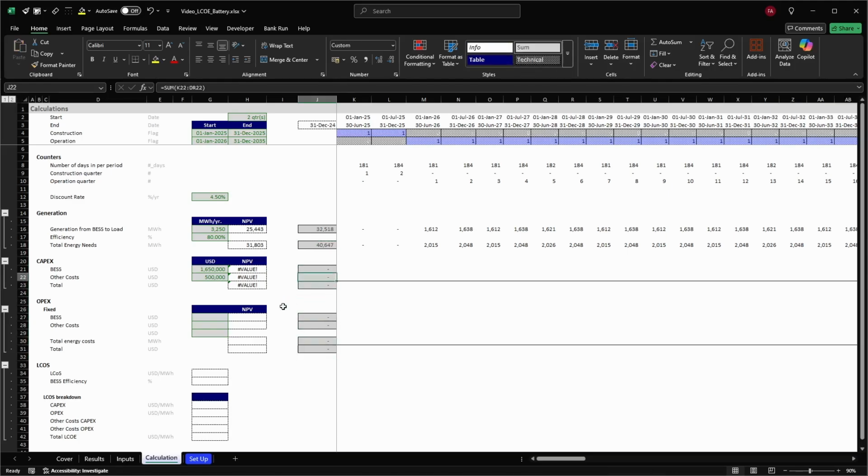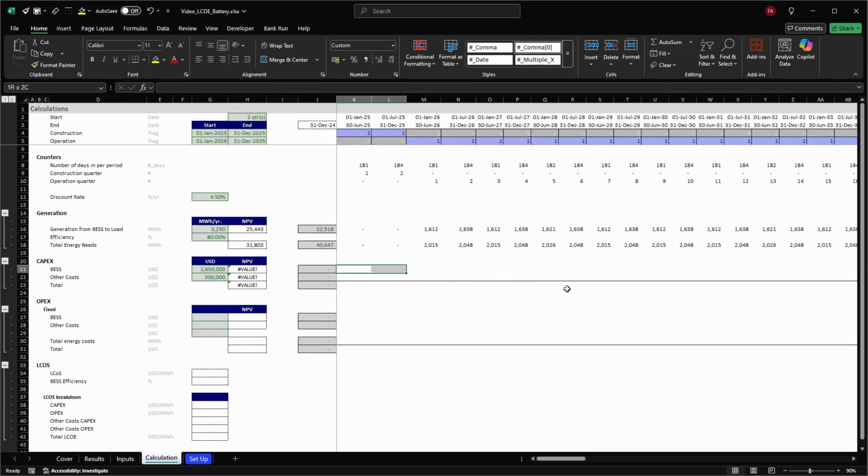There we go. So what's going to be the cost, right? Let's see how to do it. So basically we're going to assume we're going to split the value here in two, right? So our capex is going to be disbursed half on the first period, half on the second one. So how can we properly do it in the most concise way?